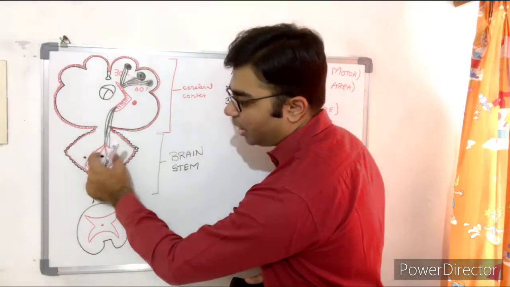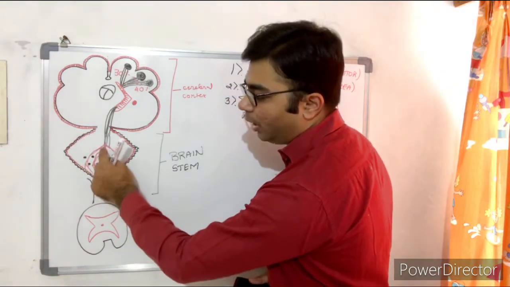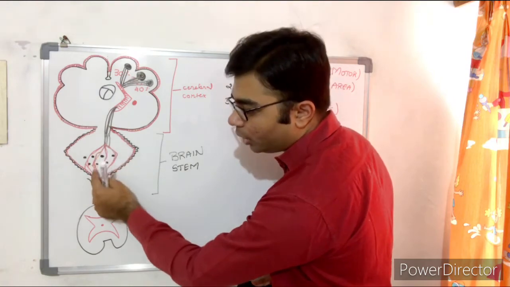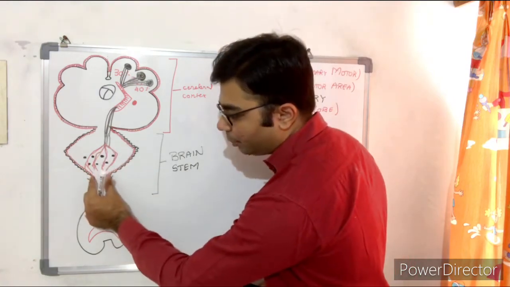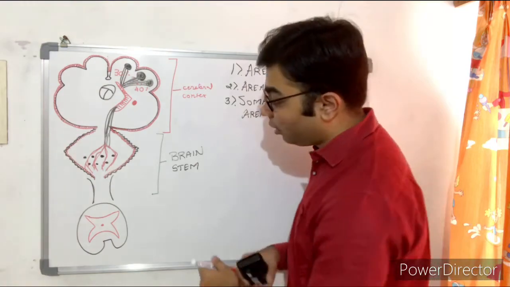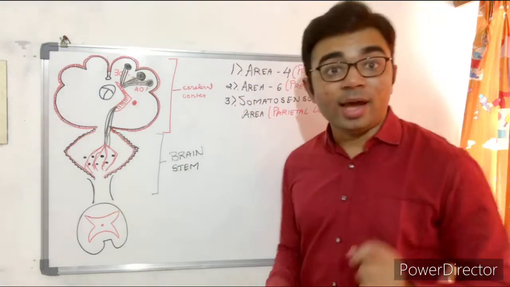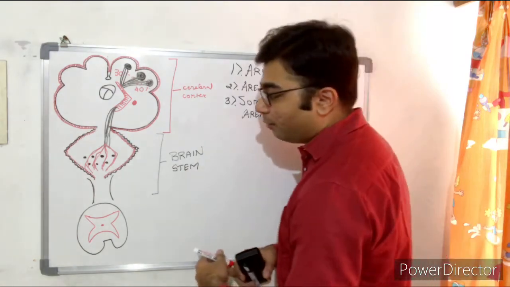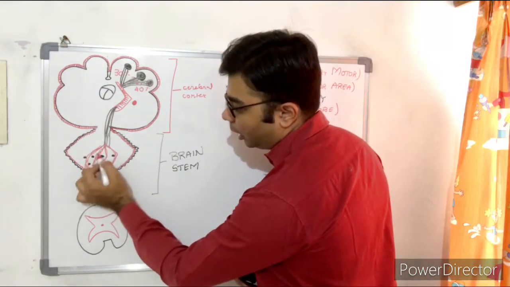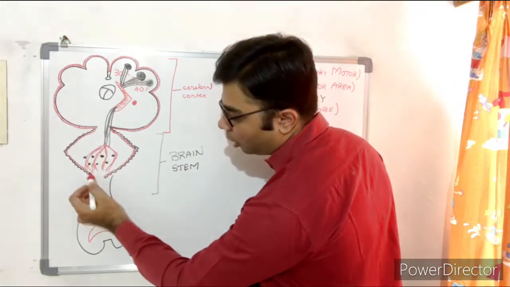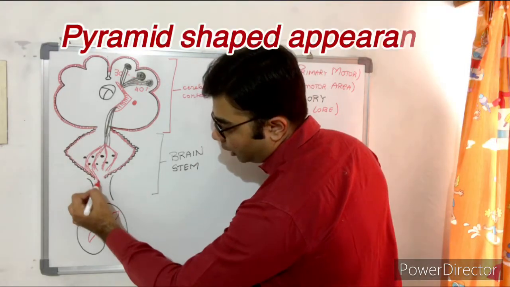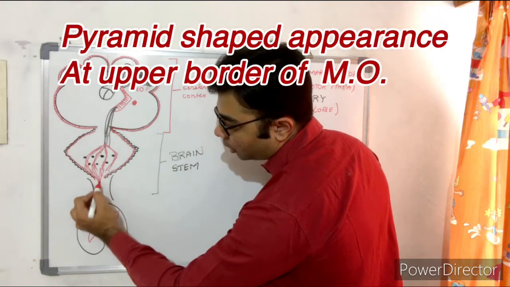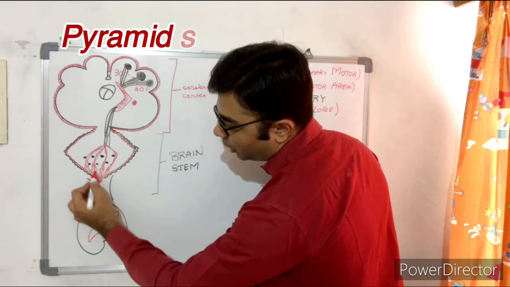Many divisions you can see, and they are going in between those nuclei, and then they are coming downward at the level of the medulla, the last portion of the brainstem. When they reach the upper border of the medulla oblongata, they are again converging and forming a large bundle.